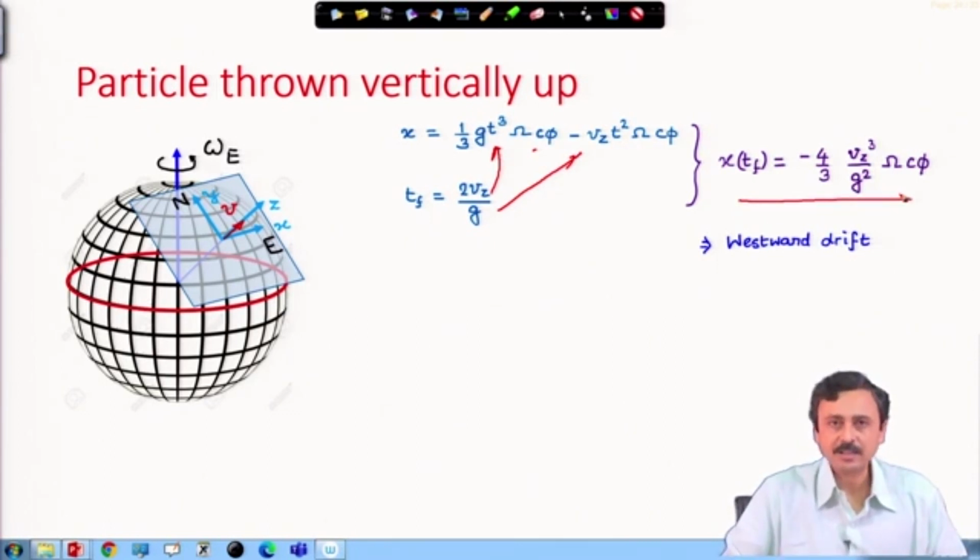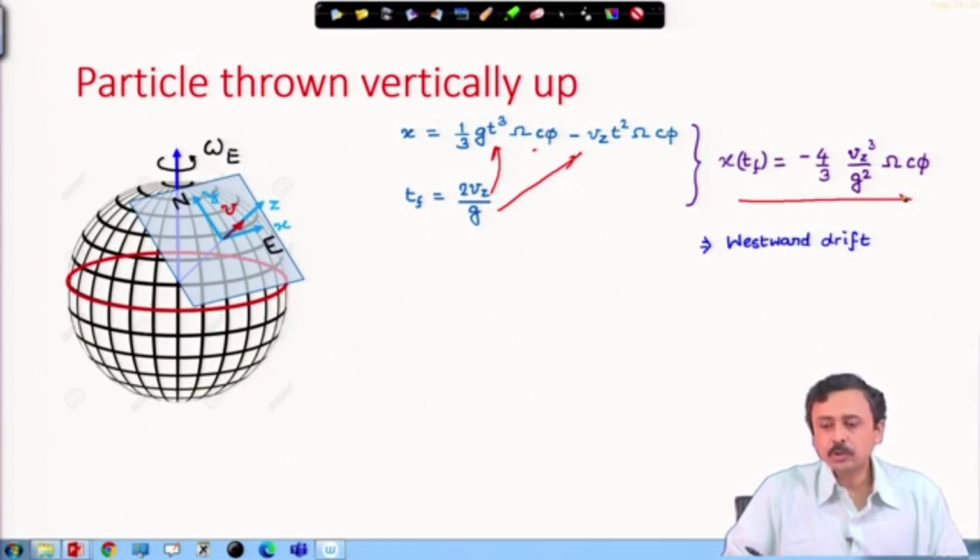That means, when I catch the particle, it would have shifted to the west, because you can check that the x axis is towards the east. Therefore, if you get a negative quantity, it is going to be a westward shift. You will also notice that this comes with cosine phi, phi is the latitude.